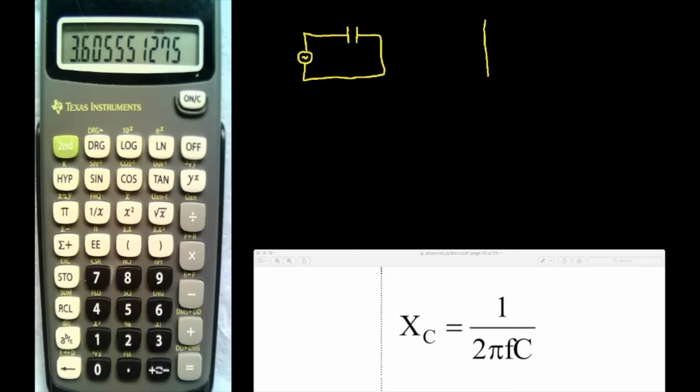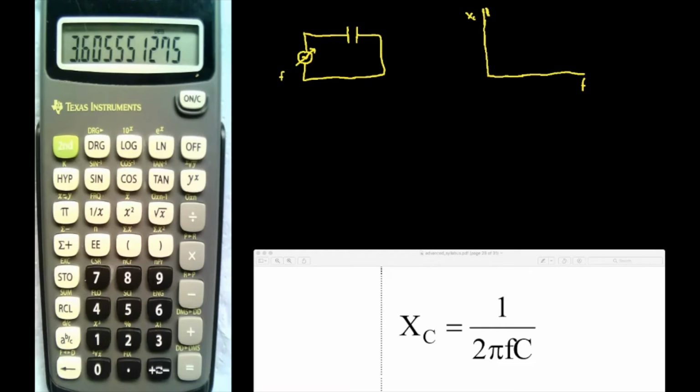If this is variable with frequency, if we start off at DC, then somewhere up here, close to the axis, we would find the Xc, we'll label the axis F, a very high capacitive reactance. In fact, at DC it would be infinity if it was a perfect and pure capacitor. So we can't draw it joining the axis, we show it being asymptotic to the axis. That means very close, but never actually touching it.